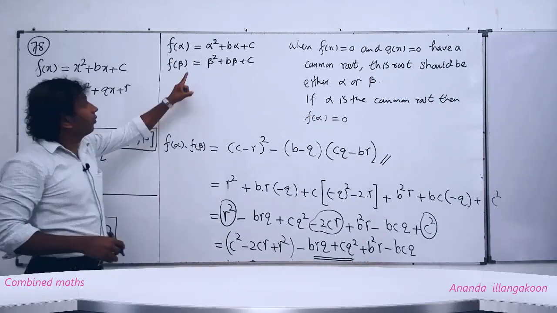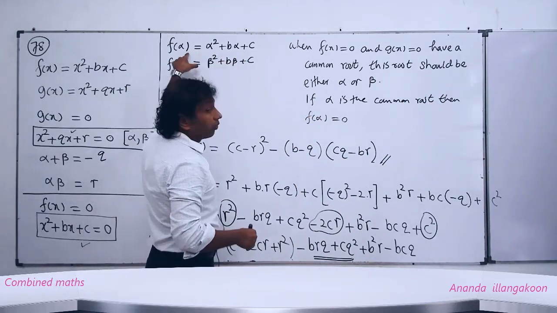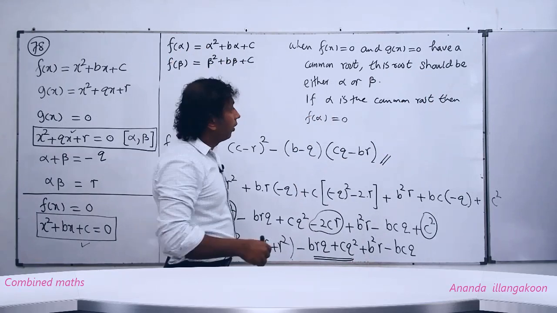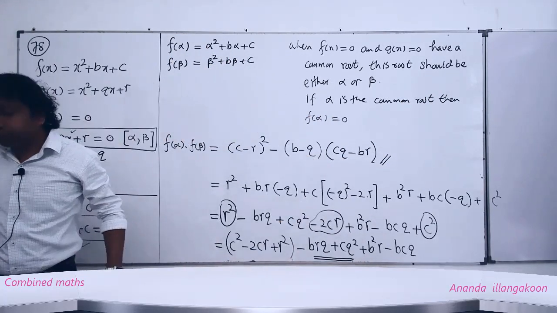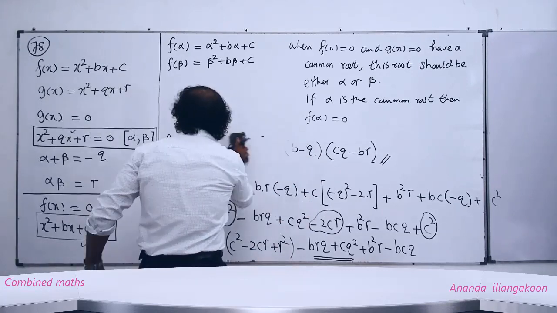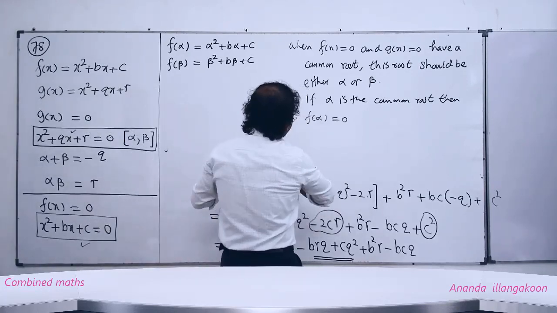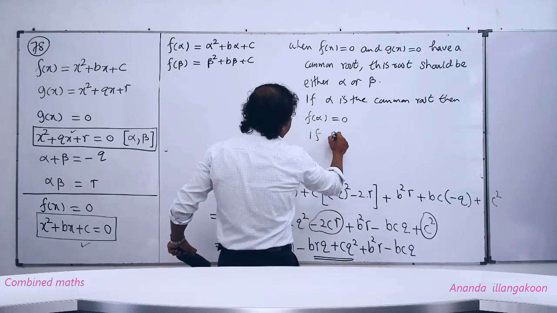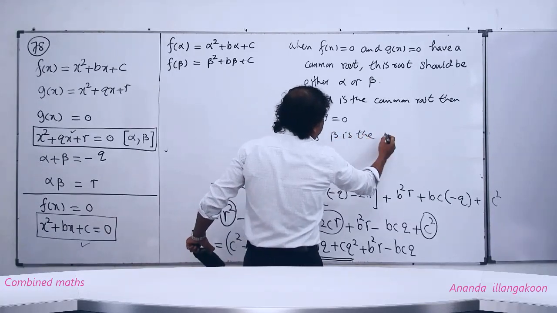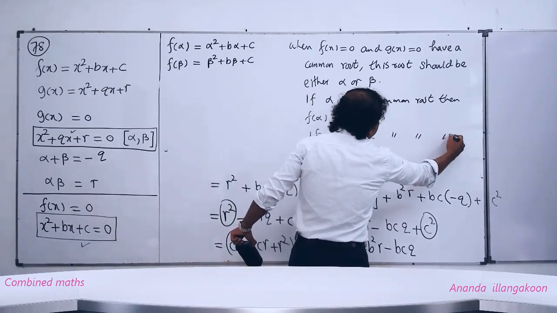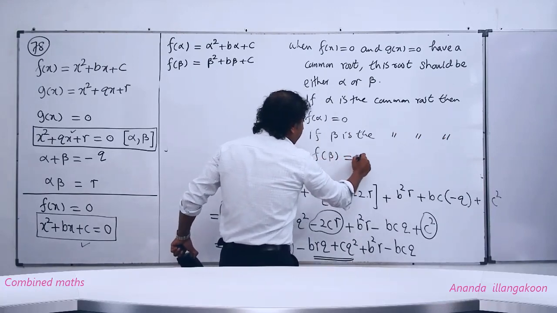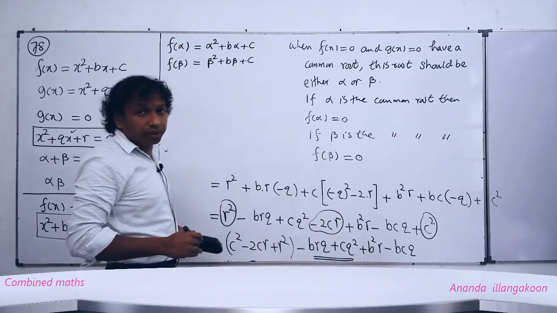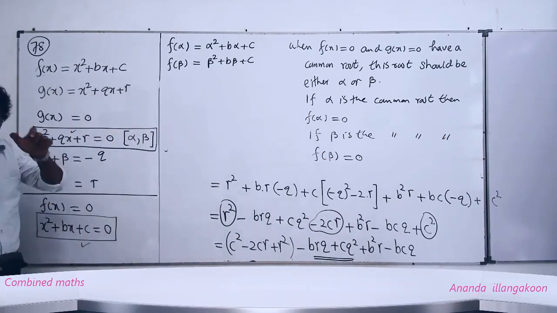That means this one equals 0. Then, people, if beta is the common root, now you can write that if beta is the common root, then beta equals 0.